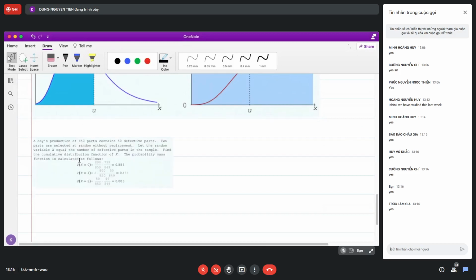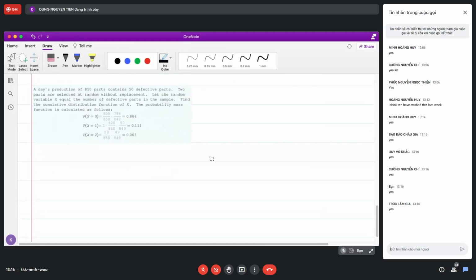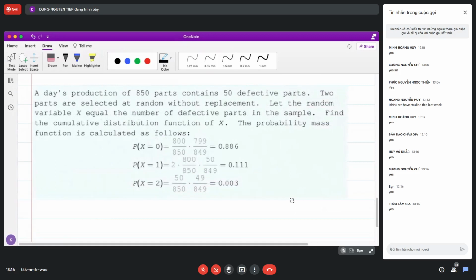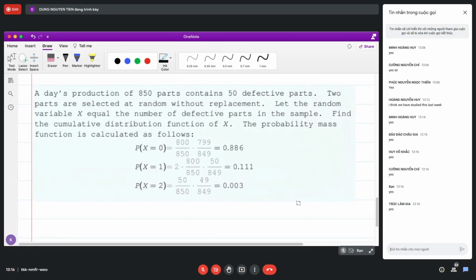Now suppose that x is the number of defective parts in a sample of two items, just like when you select two parts randomly from a set of 850 parts containing 50 defective parts.